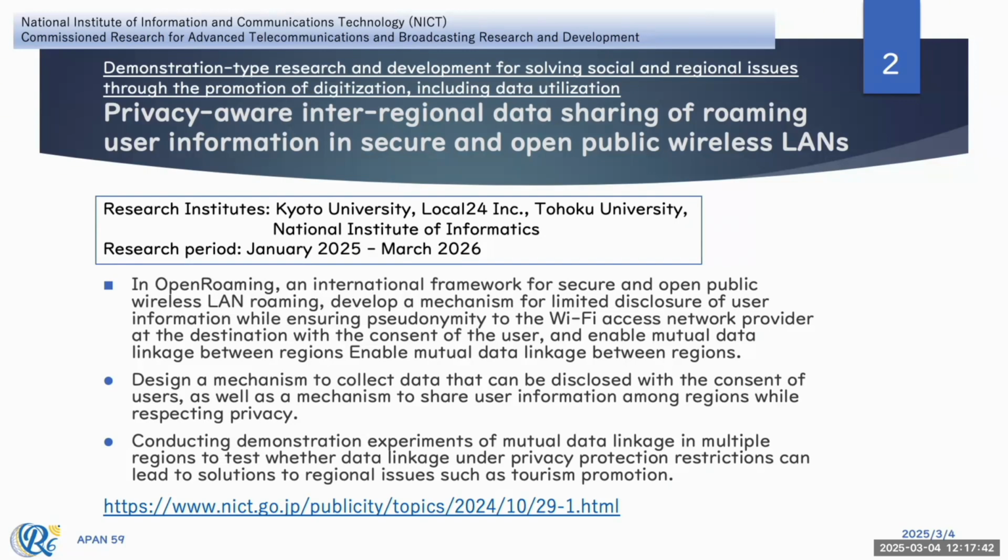In this project, based on OpenRoaming, an international framework for secure and open public wireless LAN roaming, we develop a mechanism for limited disclosure of user information while ensuring pseudonymity to the Wi-Fi access network provider as the destination, with the consent of the user, and enable mutual data linkage between regions.